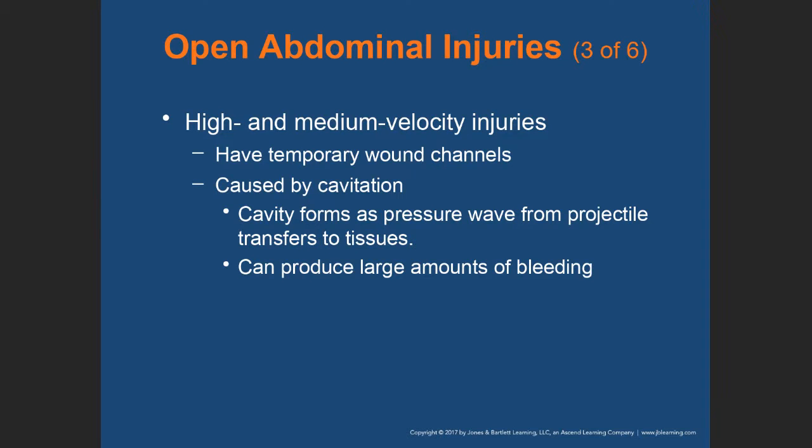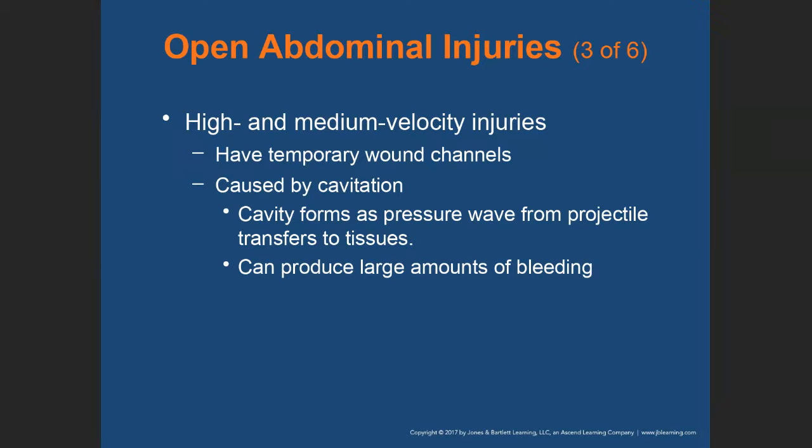As it spins, it creates a pressure wave around it. When it enters the body, that pressure wave will temporarily move structures from their normal anatomic position. But as soon as the bullet moves and the pressure wave subsides, the organs return to that position. Permanent cavitation is the exact path that the bullet takes.